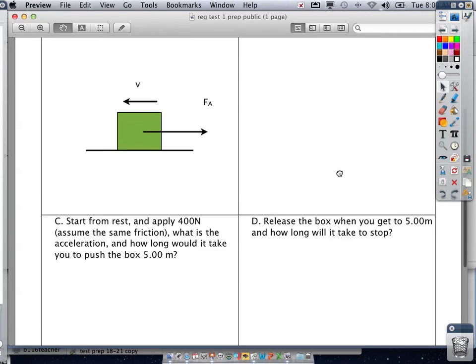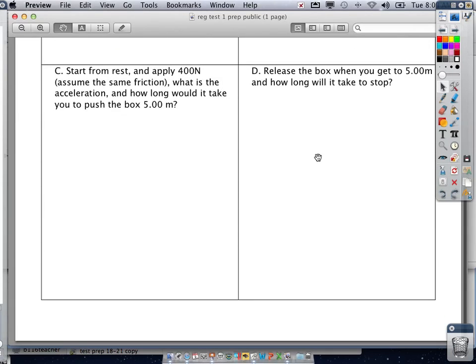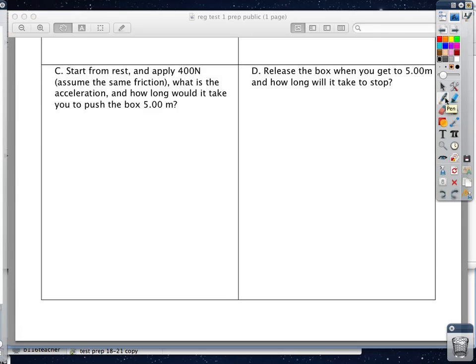Okay. Take this, go up here, and then we say, starting from rest and applying 400 newtons. So this time we're applying, if you assume the same friction, then what is the force of friction? Yeah, 300. Remember F sub F is 300. Okay, what is the acceleration?